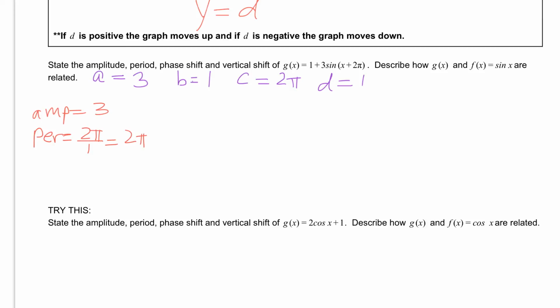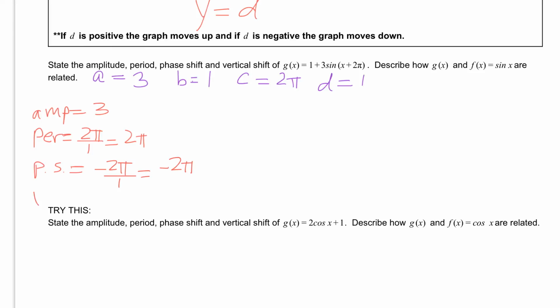And then our phase shift is the opposite of c divided by b. Since c is a positive 2 pi, we are going to use a negative 2 pi divided by our b value, which is 1, giving us a phase shift of negative 2 pi.